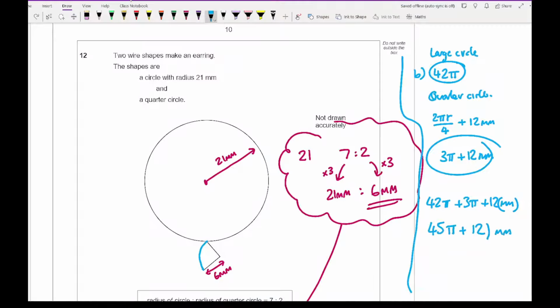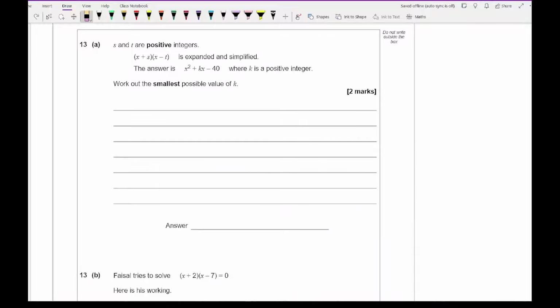So looking at question 13a, it says s and t are positive integers. x plus s multiplied by x minus t is expanded and simplified, and the answer is x squared plus kx minus 40, where k is a positive integer. And the question is asking us to work out the smallest possible value of k.